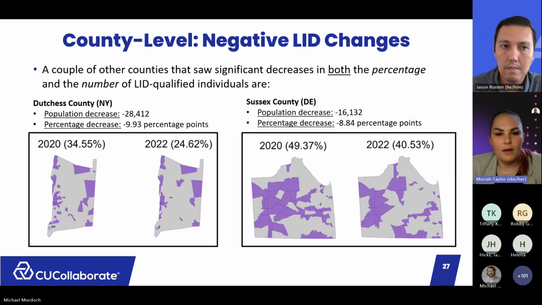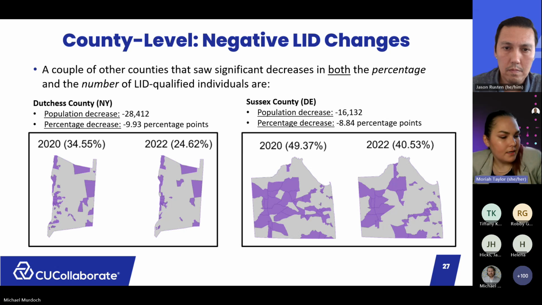Thank you. Dutchess County in New York decreased by 9.93 percentage points, which resulted in about 28,000 fewer people qualifying for LID. And Sussex County in Delaware decreased by almost 9 percentage points as well, with a decrease of 16,000 people.